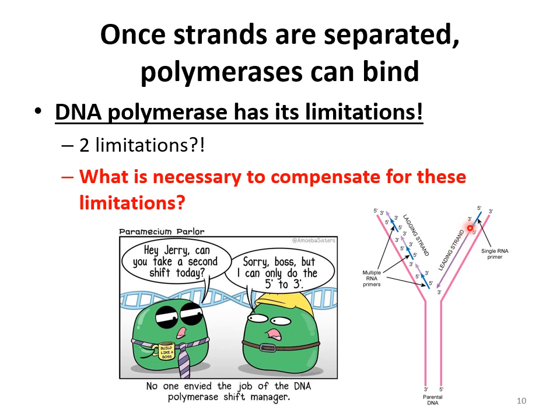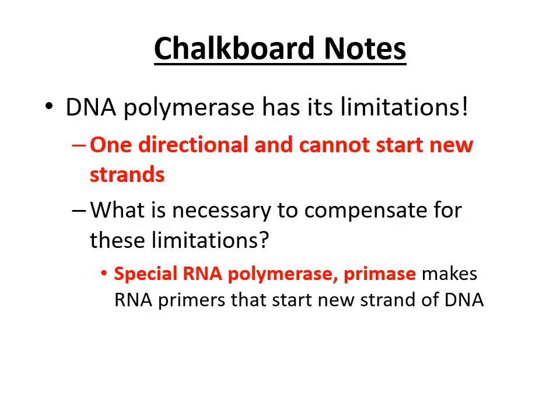It has a 3' end to start sticking DNA bases to, because we said it cannot start a strand. So it needs those RNA primers first. RNA polymerase is basically a rock star. It does not have the limitations that DNA polymerase has. Sometimes I say the DNA polymerase is like undergrads, it's got its limitations, and then the RNA polymerase is more like a grad student.